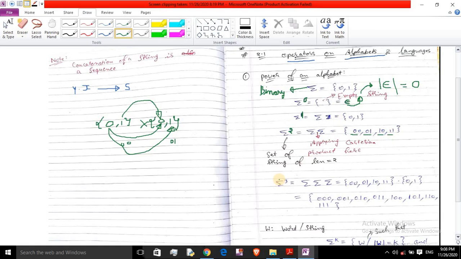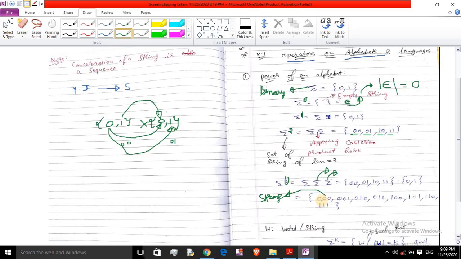If we talk about sigma to the power 3, 000 is known as a string, a string formed using this alphabet. How many times do we take the Cartesian product? If we have a power of n, then we take n minus 1 Cartesian products, so we get length equal to the power number.